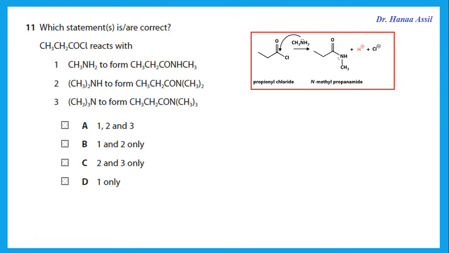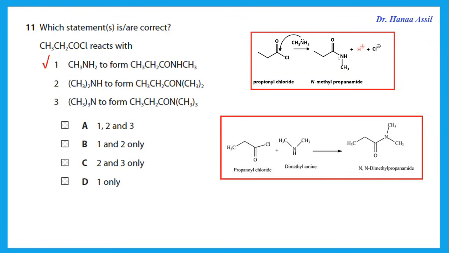Methylamine, the nitrogen of the amine, has a lone pair of electrons that attacks the carbon, replacing the Cl. So this is nucleophilic substitution, and we have the product N-methylpropanamide. So that first statement is correct.